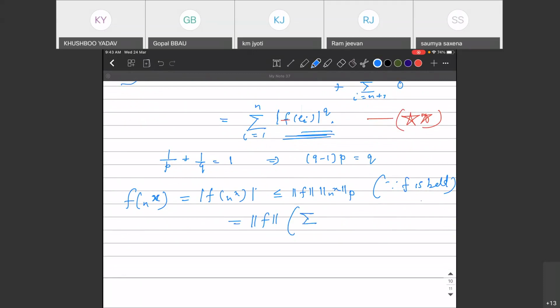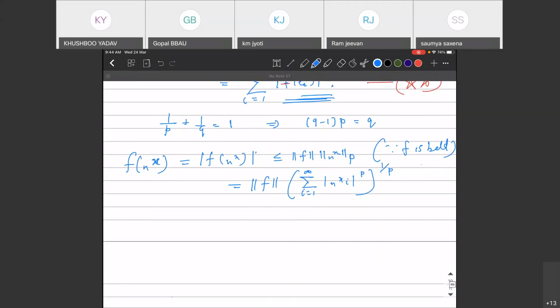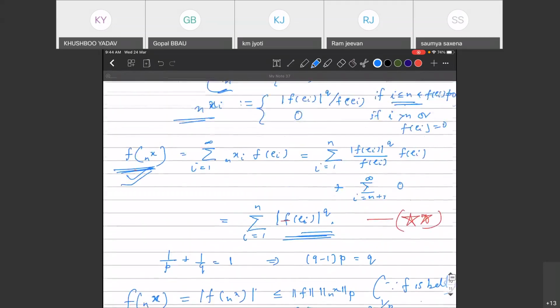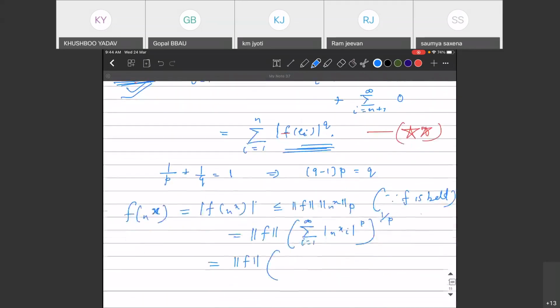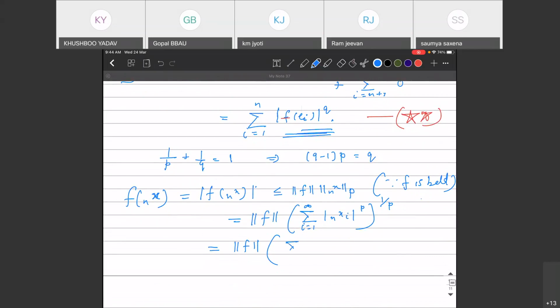This is nothing but summation i runs from 1 to infinity mod nxi whole power p, whole power 1 by p. By definition of nxi, up to n these are given by this, and after that these are 0. So now the sum will reduce to summation 1 to n only, and this is mod f(ei).